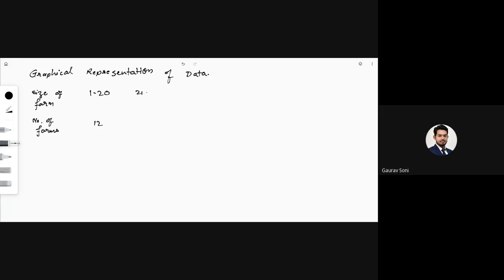From 21 to 40, there are 38 farms in a district. 41 to 60 hectares, there are 16 farms in a district. 61 to 80, there are 5 farms. And 81 hectares to 100 hectares, there are 3 farms. So how can we give a graphical representation to this data?